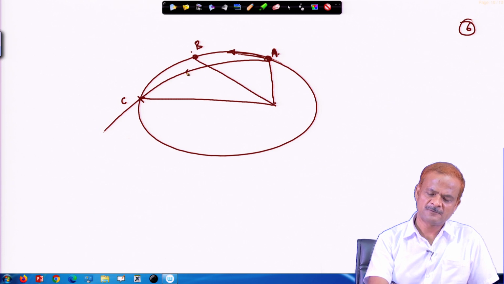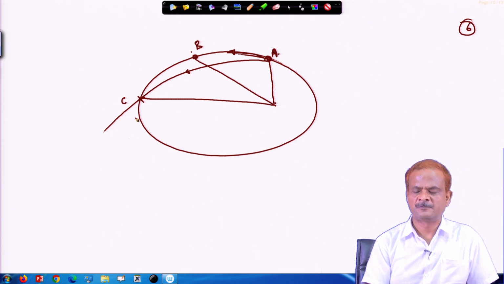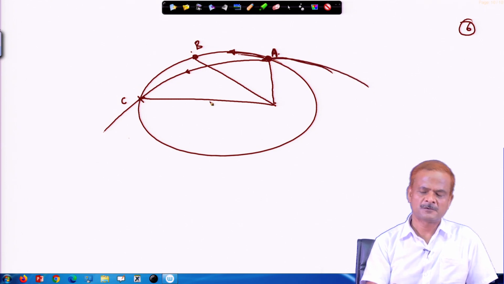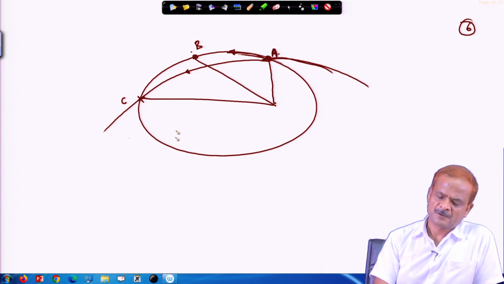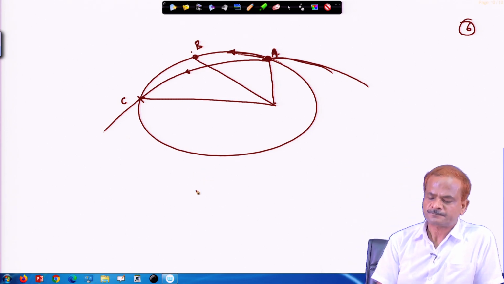Mostly once you calculate this faster orbit, it will turn out to be a hyperbolic orbit. This we need to work out. I will do this problem also, related to the rendezvous problem.